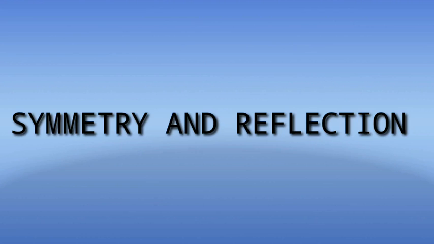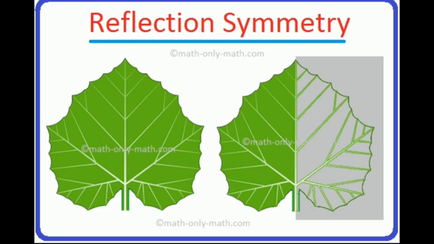Next concept is symmetry and reflection. Observe this leaf, children. If we put a mirror along the line of symmetry, one half will be a reflection of the other. Is it? So, in symmetrical shapes, if a mirror is kept along the line of symmetry, one half is a reflection of the other.